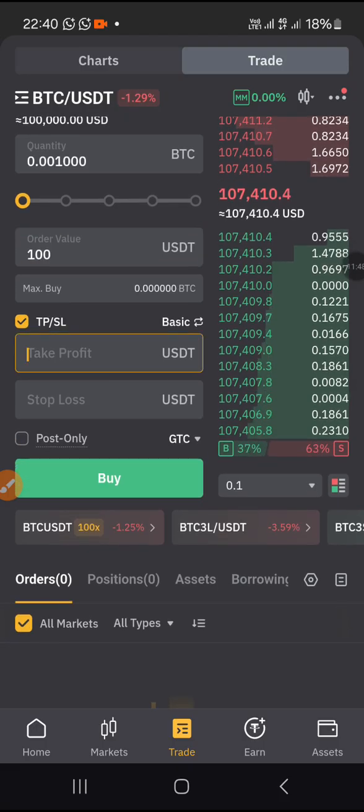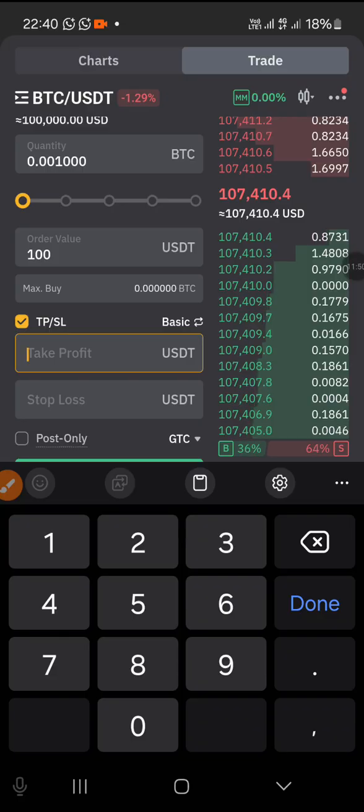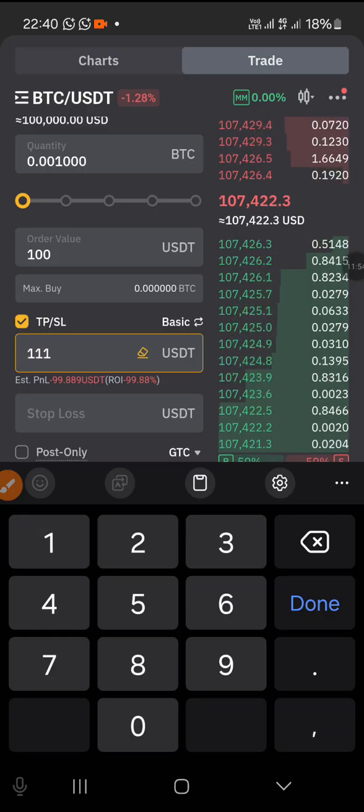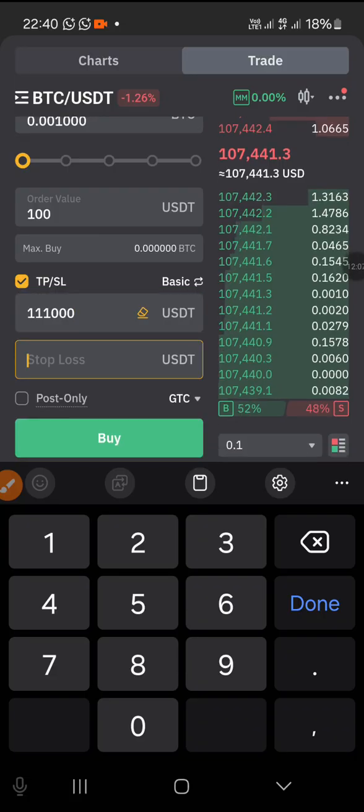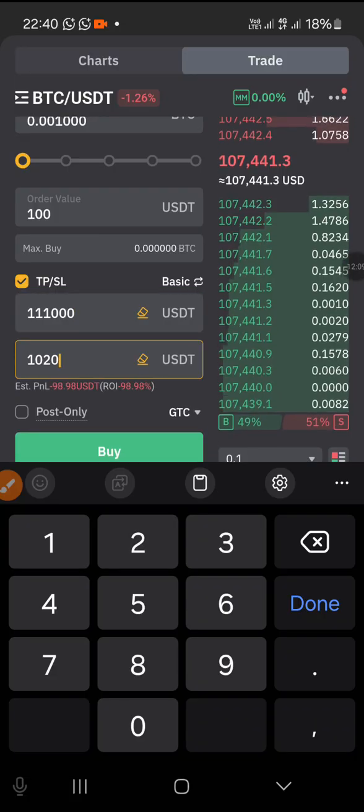So coming to this place, maybe you want to take your profit when BTC is 111,000. You can see we're going to make 11 USDT with our 100 USD. And the stop loss, maybe we're going to set it to 102,000.